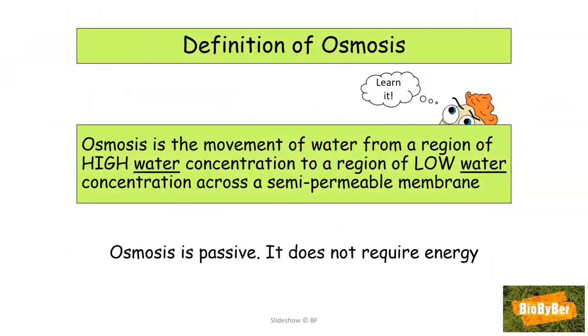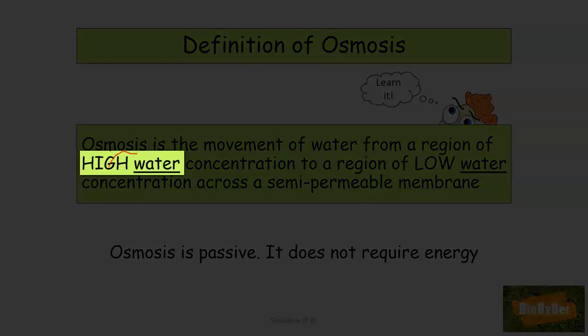Now, let's remind ourselves of the definition of osmosis. We've already learned that osmosis is the movement of water from a region of high water concentration, meaning low solutes, a small amount of salt and sugar, high water, in other words, a dilute solution.